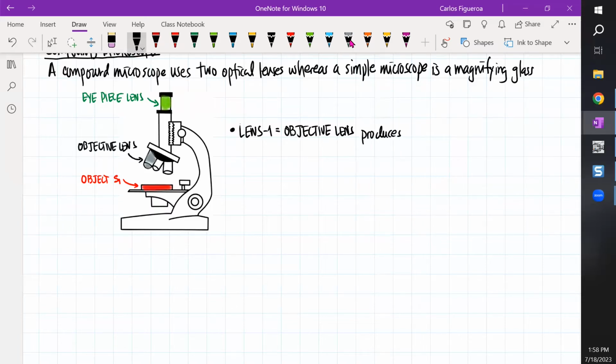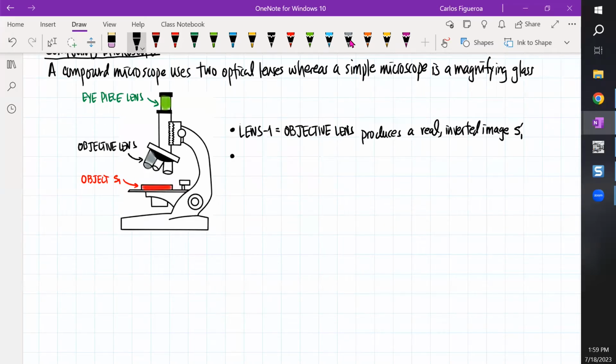It produces a real inverted image, which we call image S1 prime.